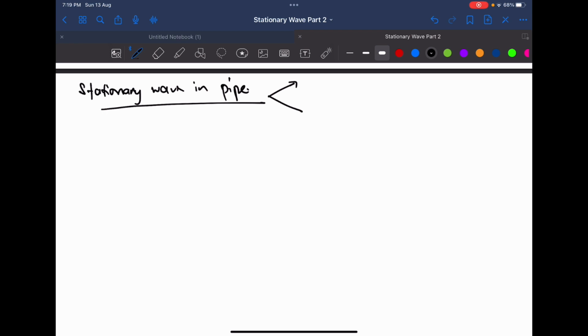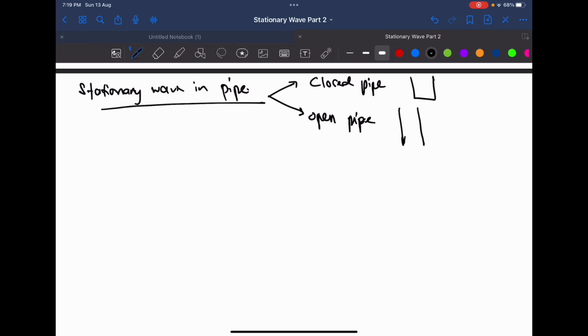One is closed pipe. So the pipe will look like this. The other one is open pipe. This is all related to musical instrument, different types of musical instrument that can represent this situation.